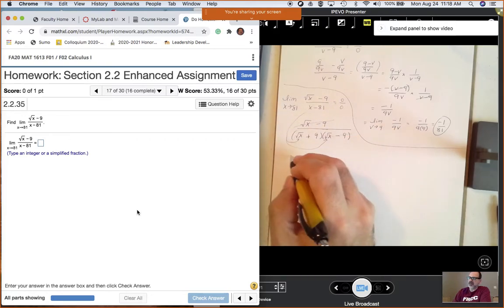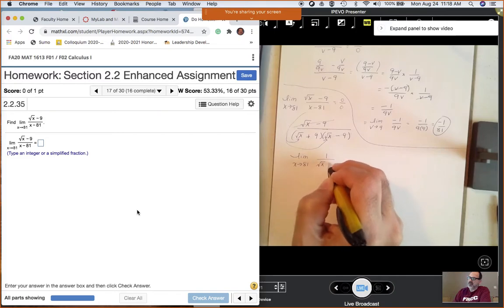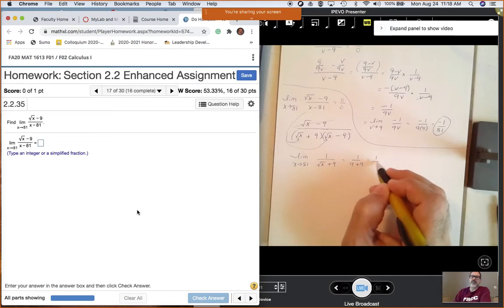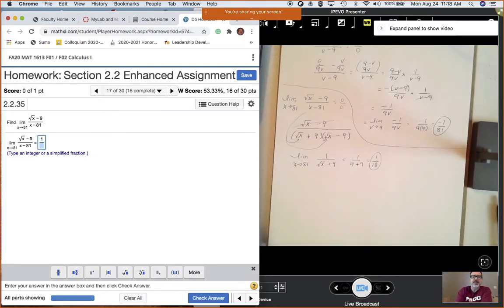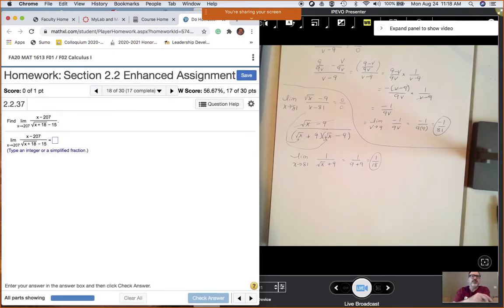So I get the limit as x approaches 81 of 1 over the square root of x plus 9. Plug in the 81, and I get 1 over 9 plus 9, which is 1 over 18.